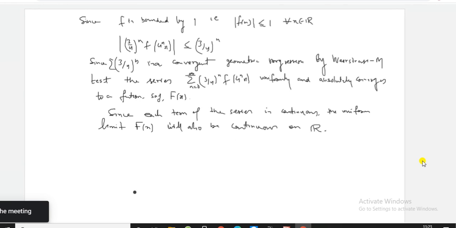So now you have to show that this function F is actually differentiable nowhere.